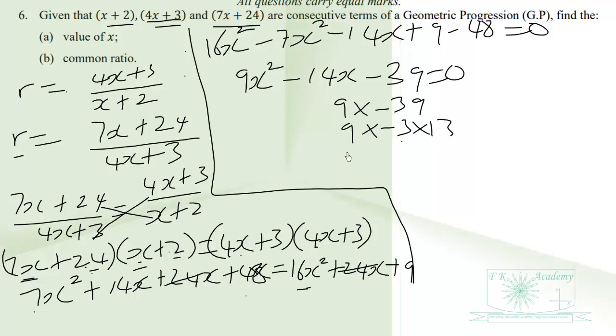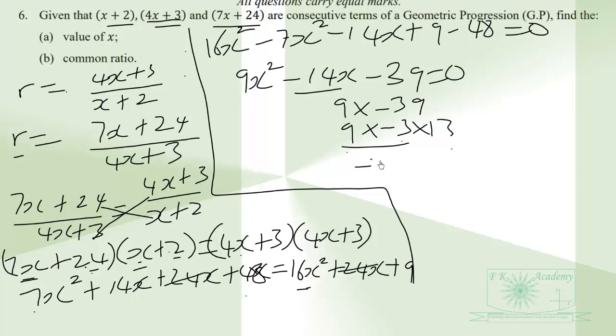So negative 3 times 9 will give us 27. And 27 minus 13, or 13 minus 27, will give us negative 14. So we are going to get the factors to be negative 27 and 13.